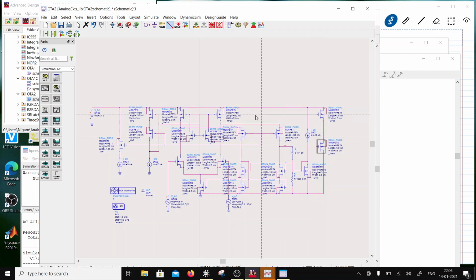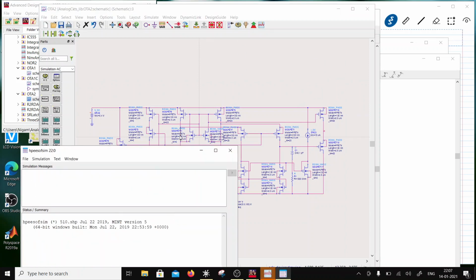Okay, so in this case this is being driven by this one, and this is the output, correct? And here this I will transfer to the output node VO. Okay, so VO, and I'll just simulate that, and then I'll make a component out of this.